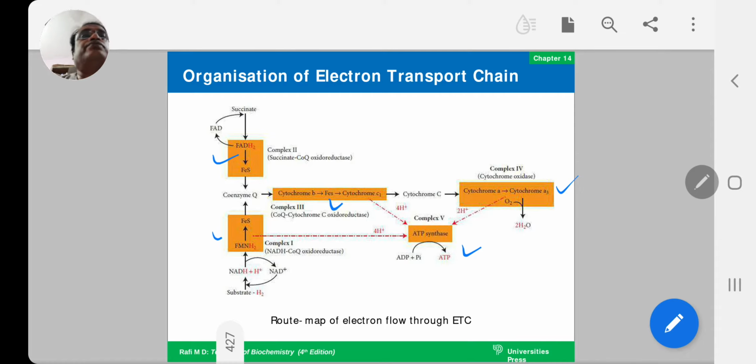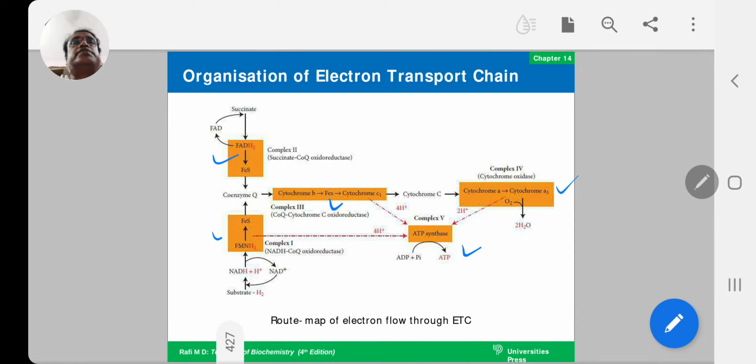Complex 1 to 4 serve as carriers of electrons and are considered as components of the electron transport chain or respiratory chain. These complexes are composed of flavoproteins, iron-sulfur clusters, hemes, and copper ions.